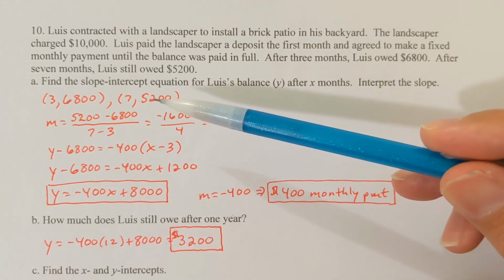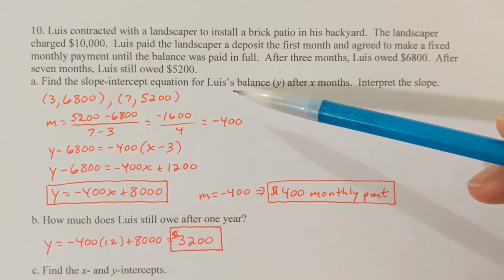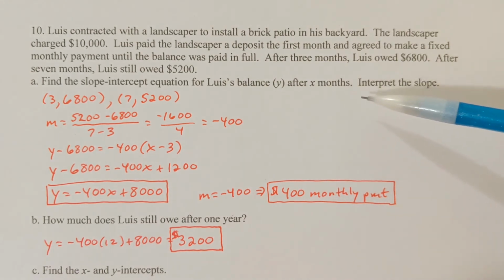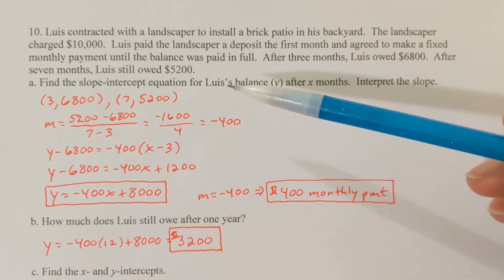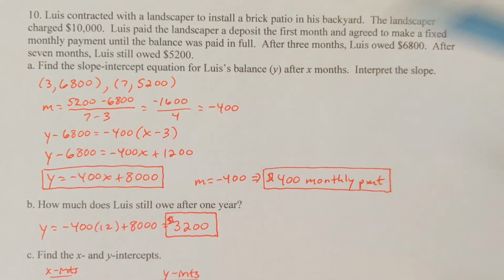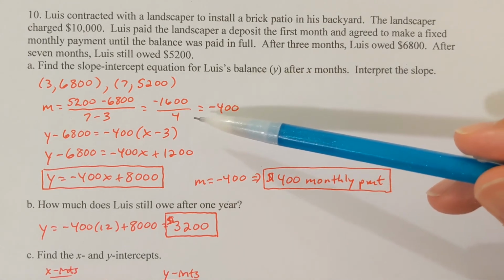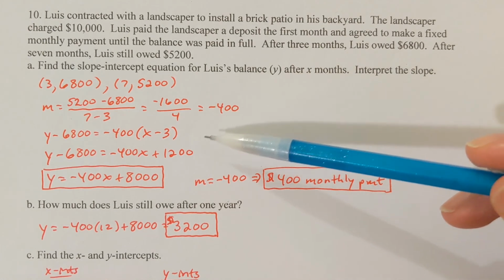Okay. Part A, find the slope-intercept equation, y = mx + b, for Luis's balance y after x months, and then we'll give an interpretation of the slope. So I've got these 2 points that are on this line, and the slope of this line is (5,200 - 6,800) over (7 - 3), or -1,600 divided by 4, which is -400.